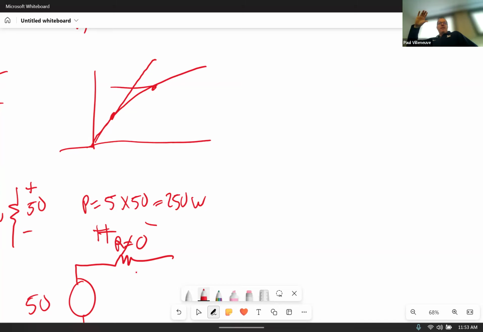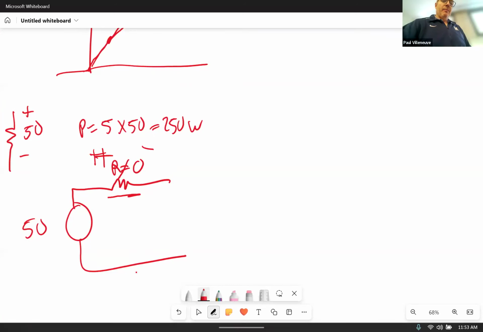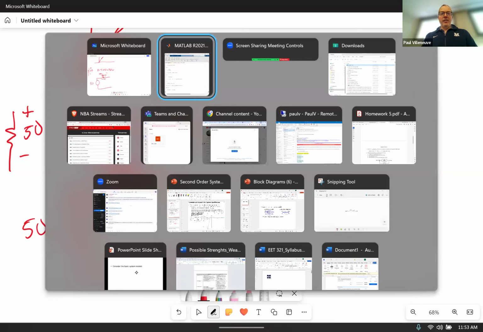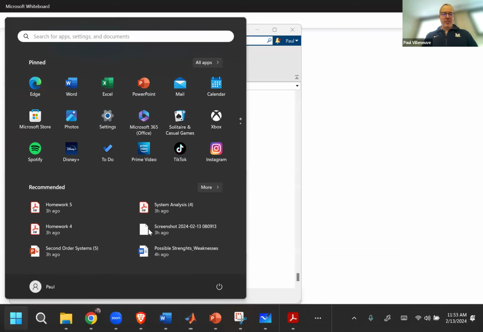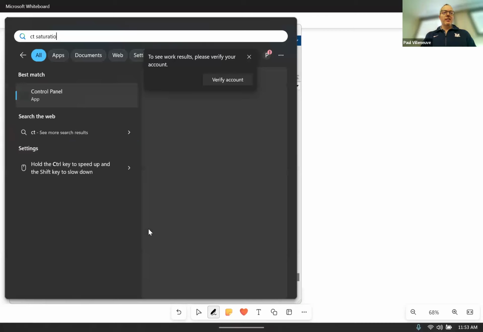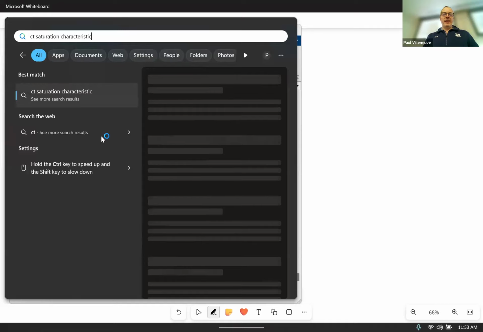So you put 50 there, but the current coming out of this is limiting. So it's almost like a dependent power source. If you try to go above 5 amps, then the voltage drops. So it's not a linear device. It's saturated. If you look at a CT saturation characteristic, let's see if I can find a curve.